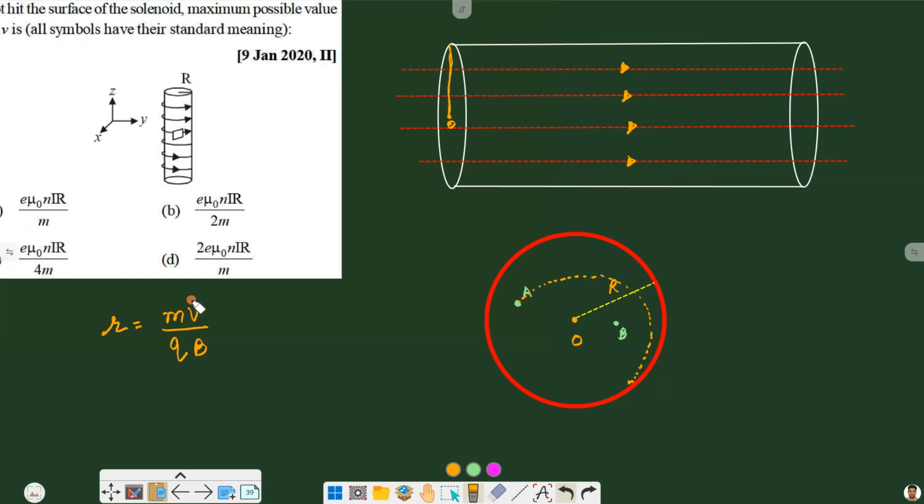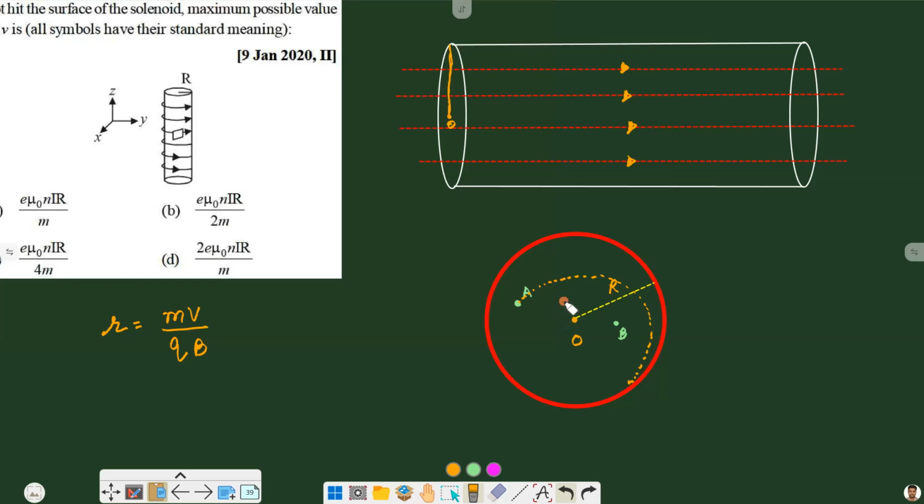And if we want a charged particle such that it enters this region and does not touch any of the surface, it means that the particle is making a complete circle here.